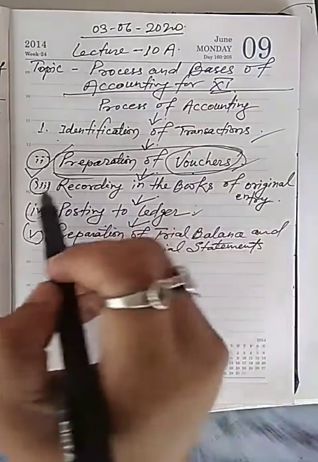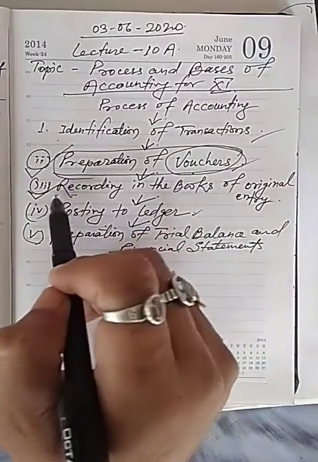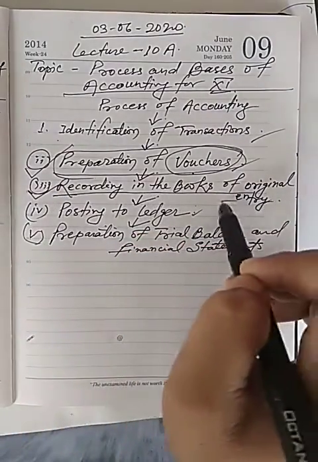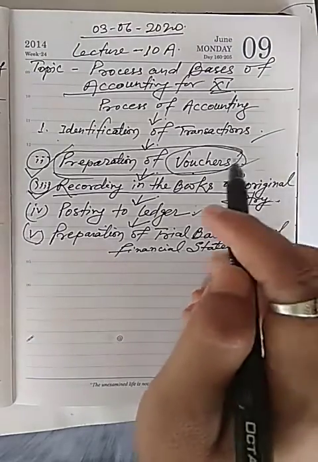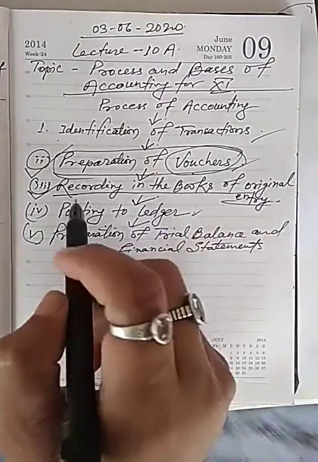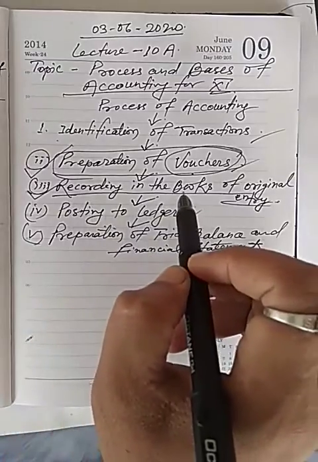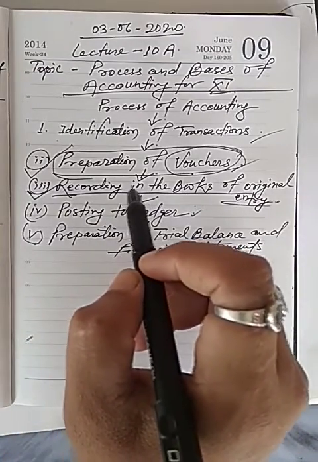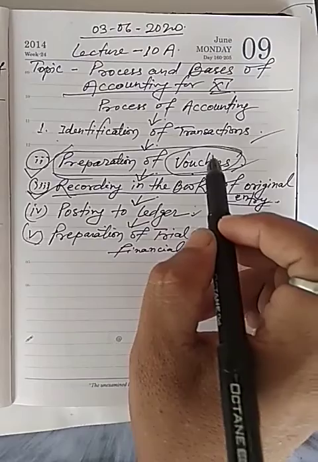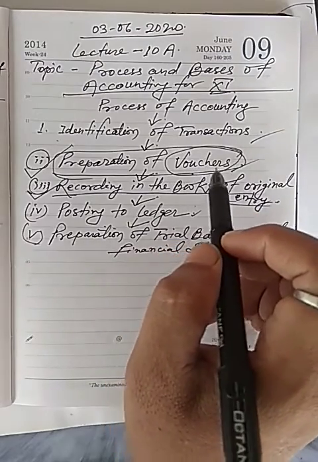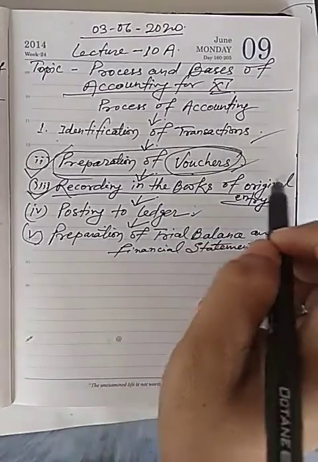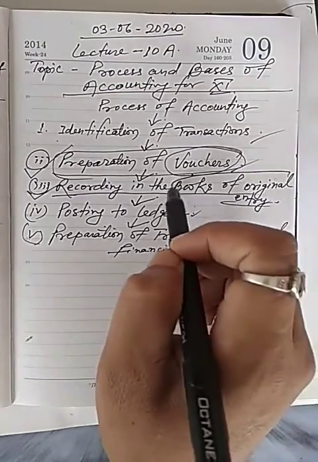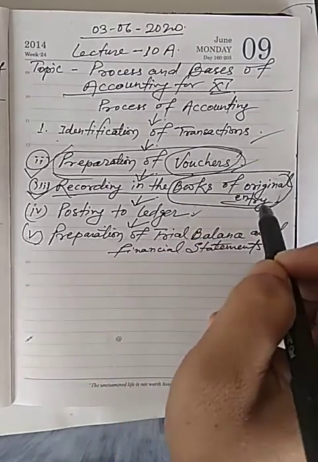Now, third point is recording in the books of original entry. The books in which transactions are recorded for the first time from a voucher or a source document are called books of original entry. That is also called journal.